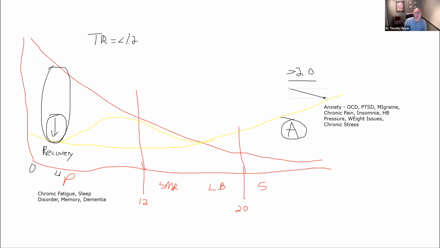Let's look at a couple more biomarker disorders. In this case, for the anxiety, I'm looking at low theta ratios and high beta ratios. Let's look at a couple other ones.